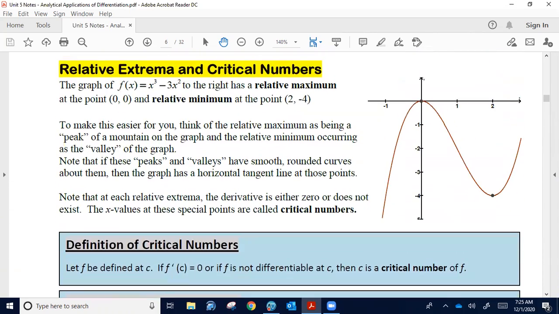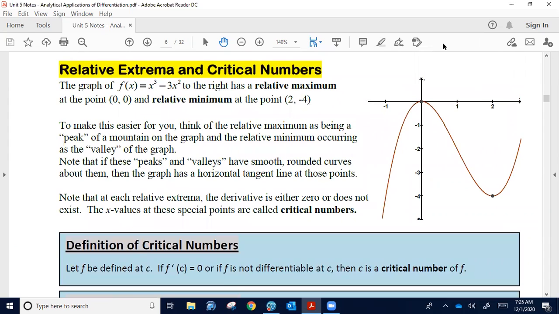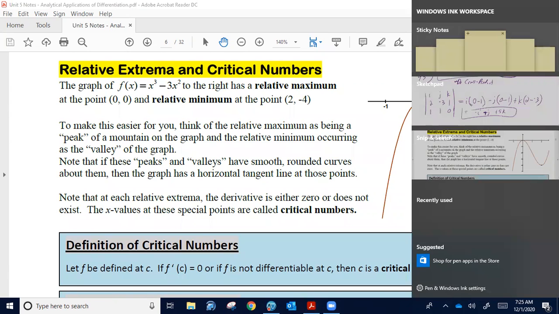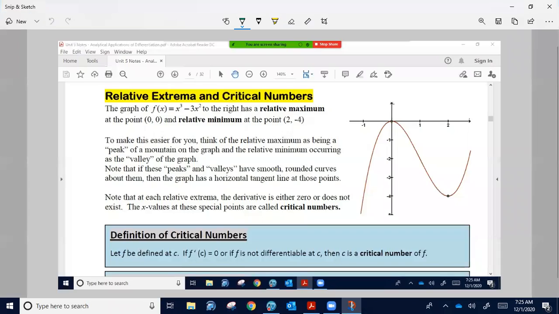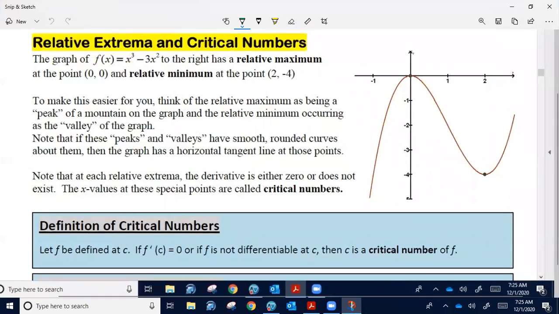Today though, with this, I really want to talk about this idea of relative extrema and critical numbers. Critical number is something you will be asked to do several times. A critical number occurs when your derivative equals 0 or your derivative is undefined.